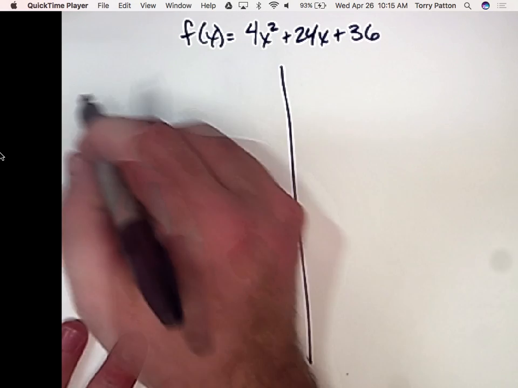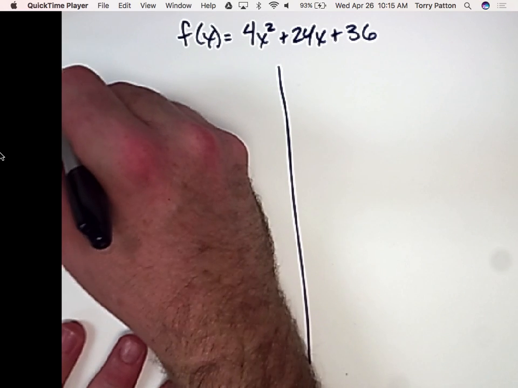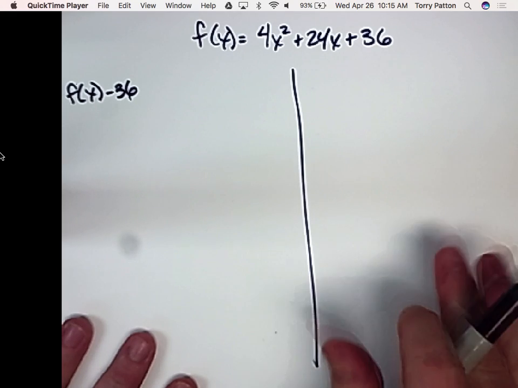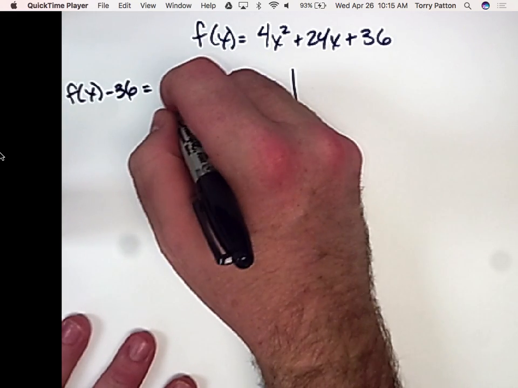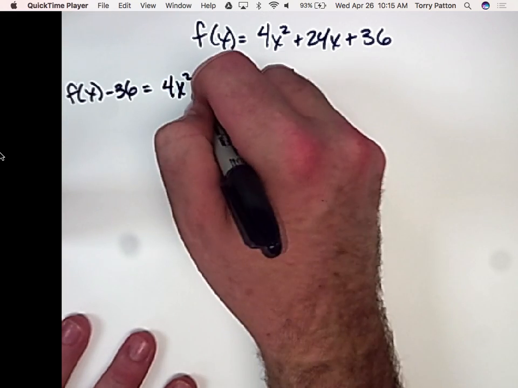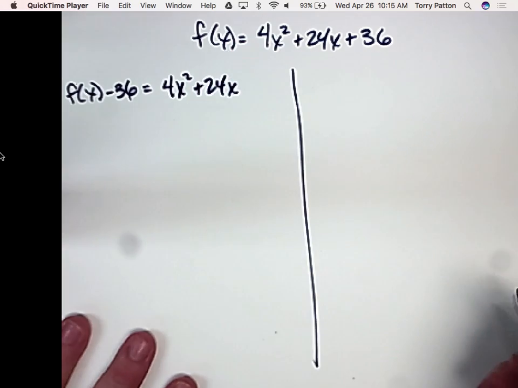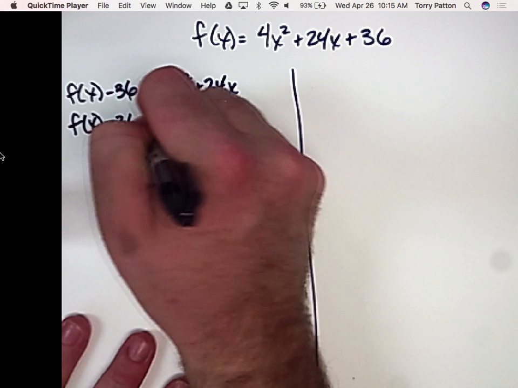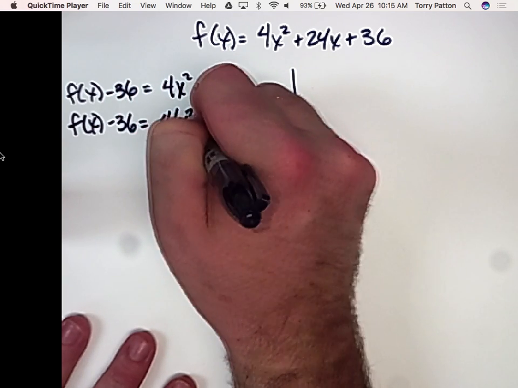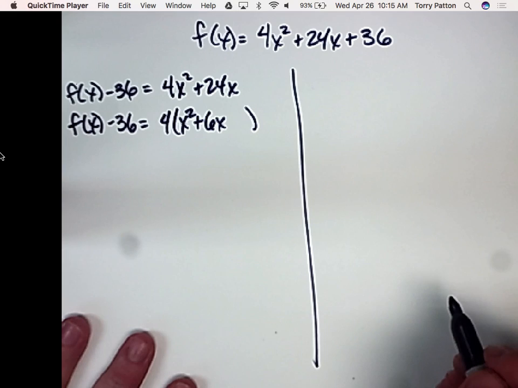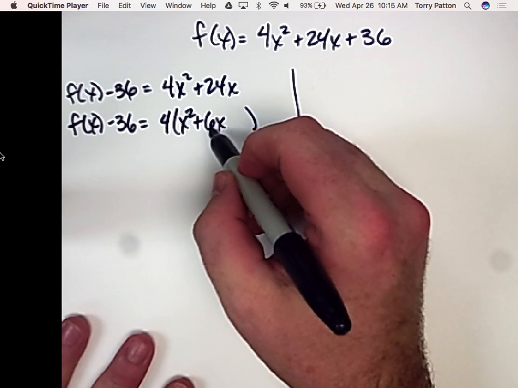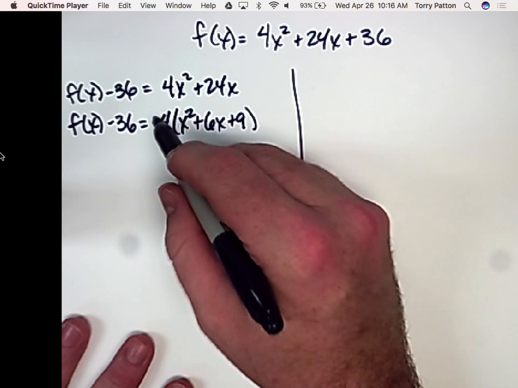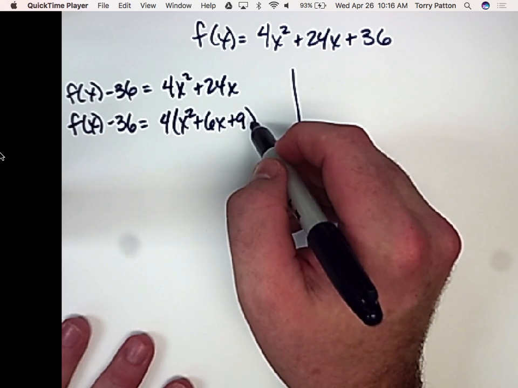If you're going to complete the square, you need to take the 36 over. Then what? Factor out a 4. Half of 6 is 3, squared is 9, but we really added 36, right?